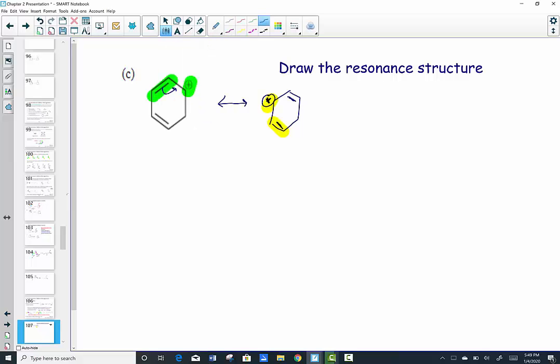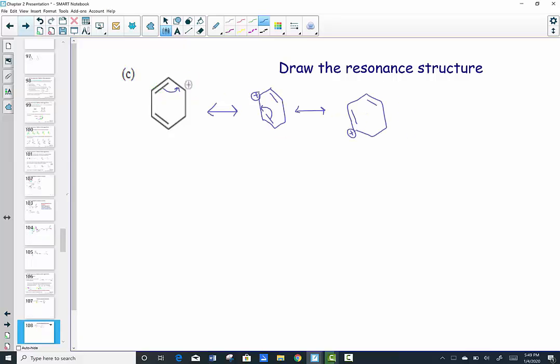So I can add yet another arrow, and I'll move the pi bond, and then the positive charge results on the next carbon. This one stayed in the same place. Double bond moved, so now this carbon has the positive charge. We had 3 possible resonance structures in that conjugated double bond. Conjugated means alternating double, single, double. We got it.